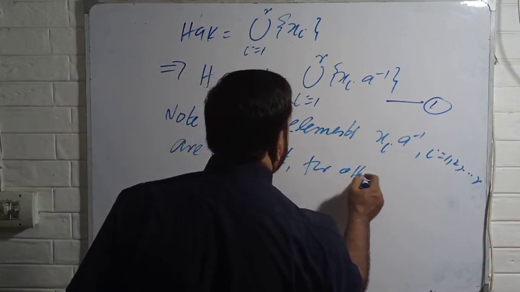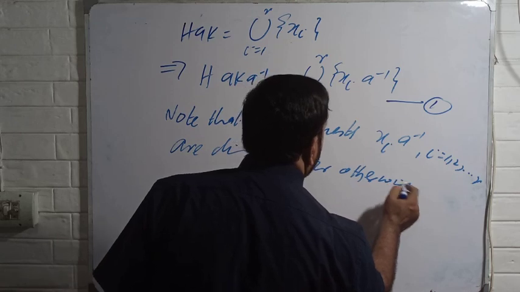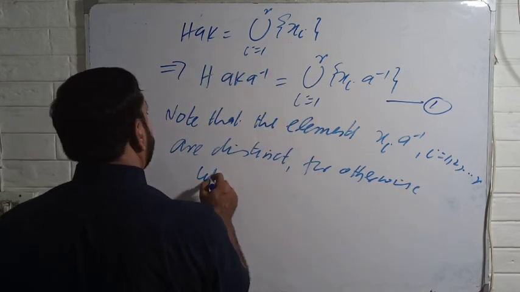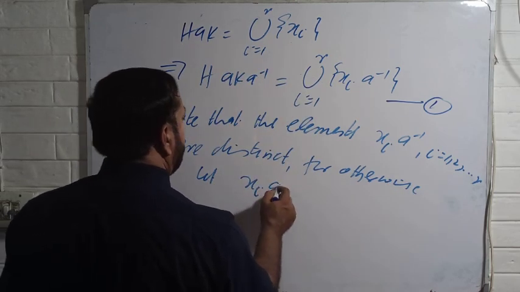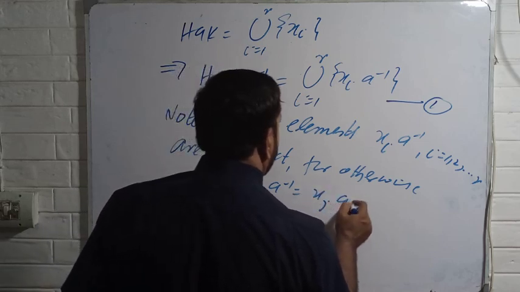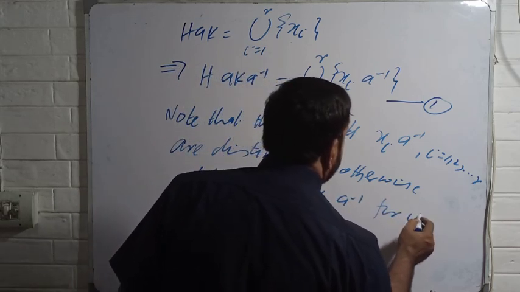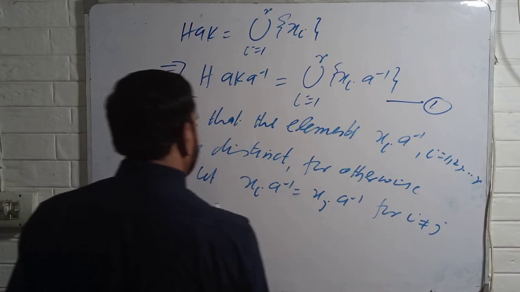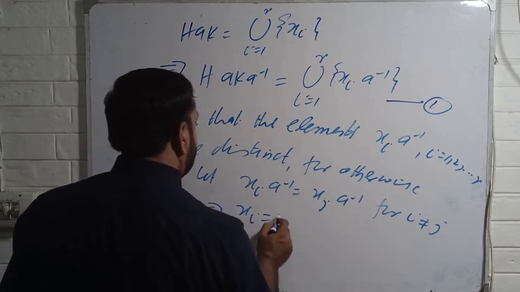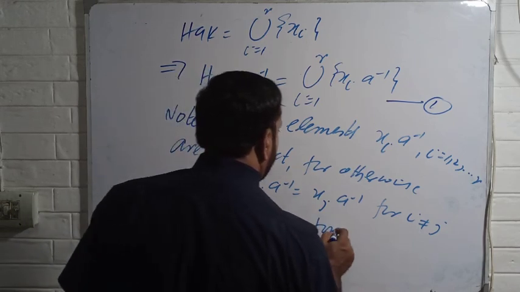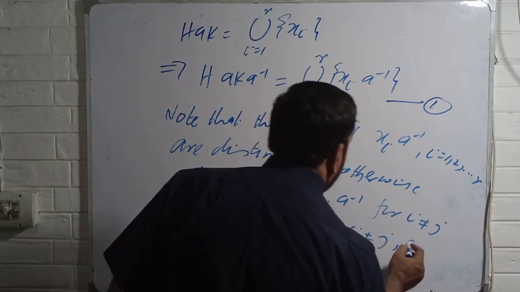For otherwise, let xi A inverse be equal to xj A inverse for i not equal to j. This implies xi is equal to xj for i not equal to j, a contradiction.